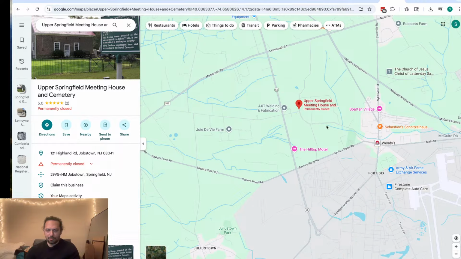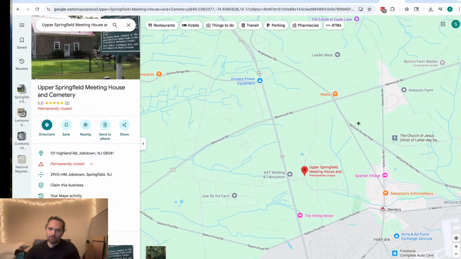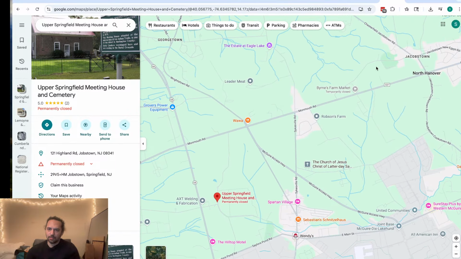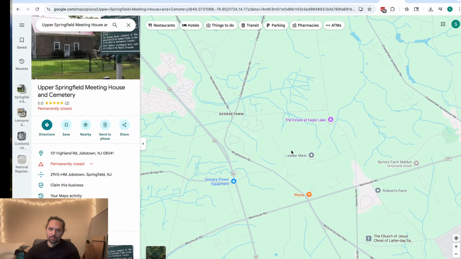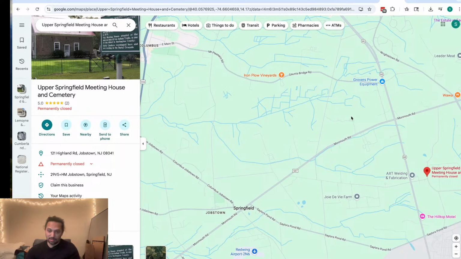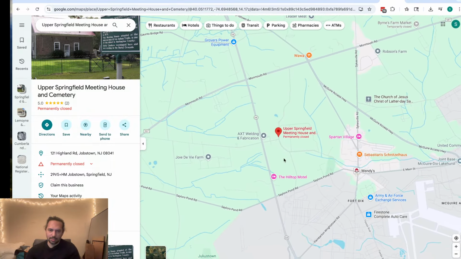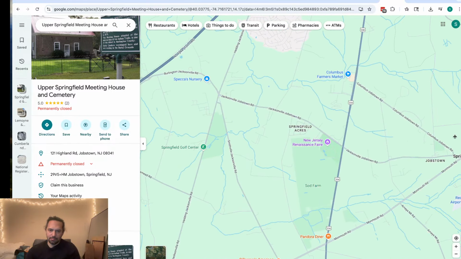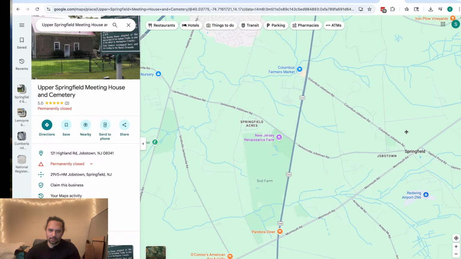I bet if you marked the ends of each of these creeks and then drew a line connecting them, you could figure out where the trail went. Maybe it went off this way, because it wouldn't have crossed creeks unless it had to. I think. Just a guess, just reading the landscape, making guesses.